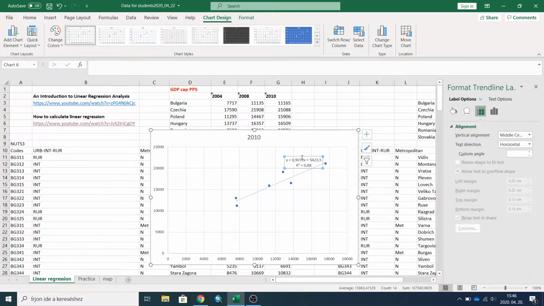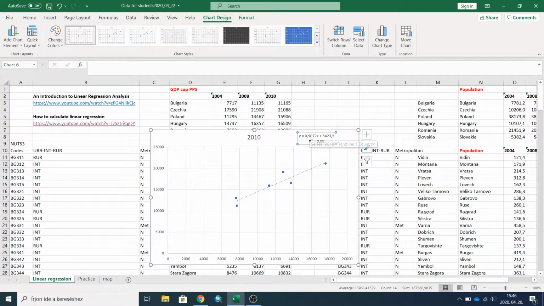You can see these values. First, you can see the equation value. If you saw the calculate linear regression video, you know a lot about this equation value. And after that, you can see the R-square value.